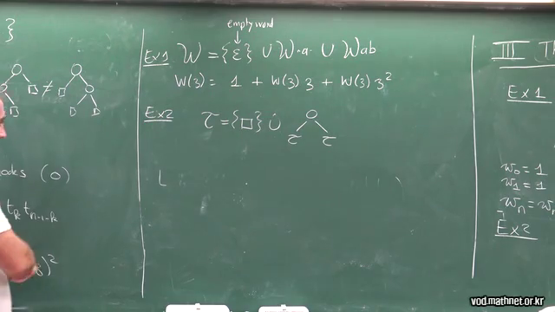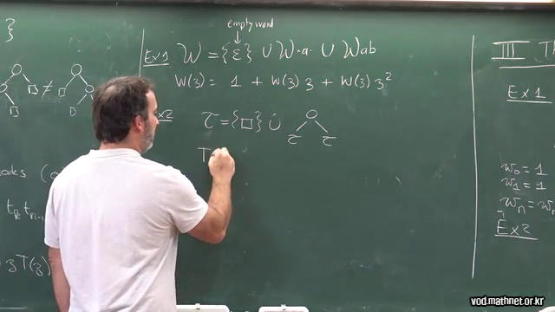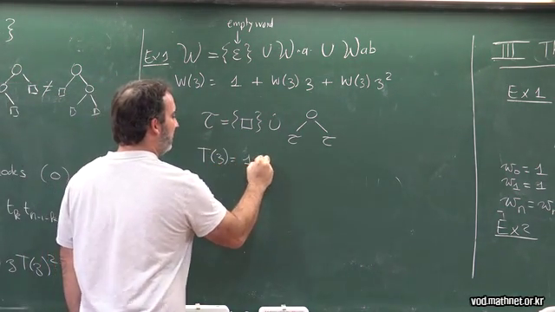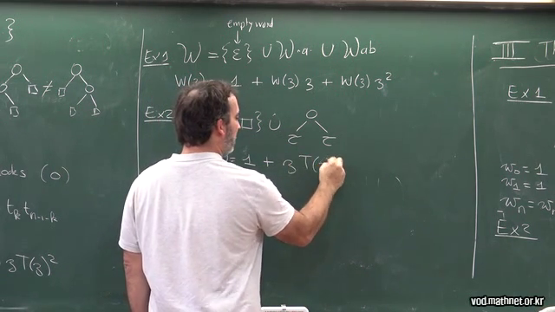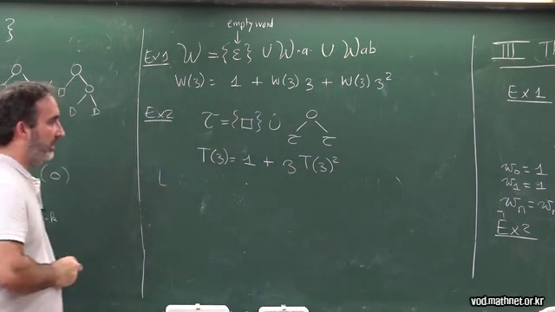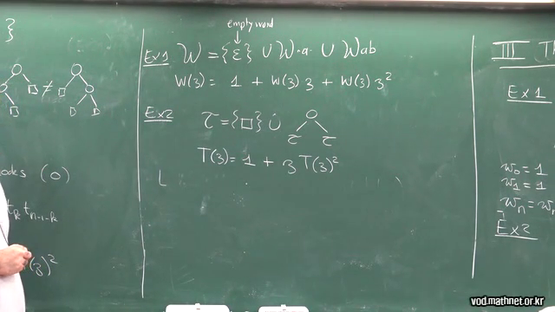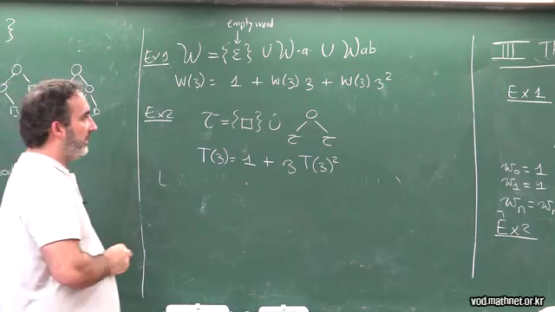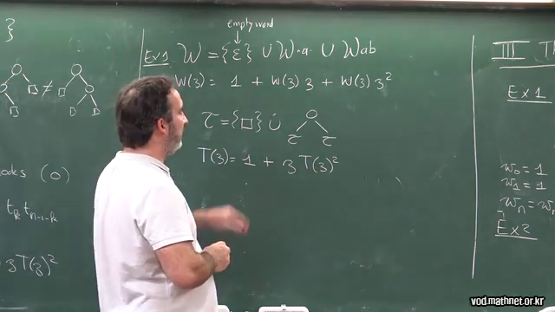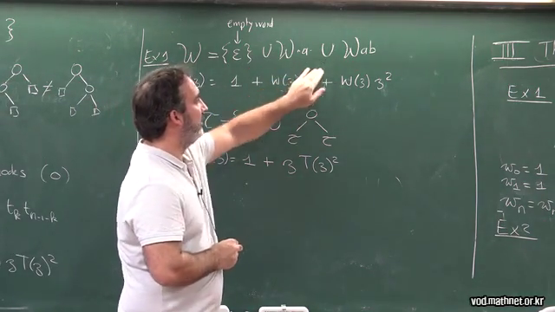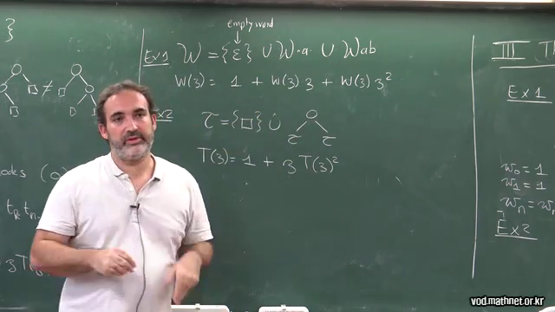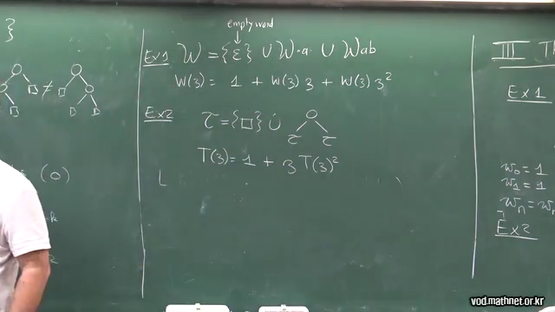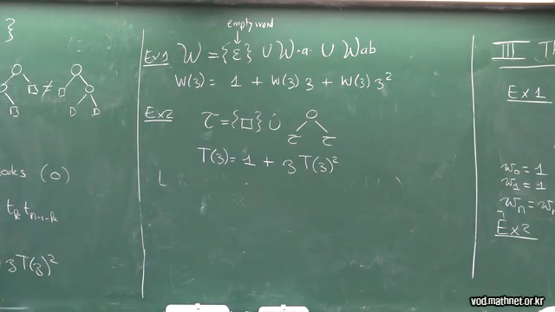And the equation here is t of z equals 1 plus z t of z squared. Okay, so there is a pattern here. This is the symbolic method. The symbolic method is to say I want to have some combinatorial constructions like the union or some kind of Cartesian product, and I want to translate them directly into something on generating series.